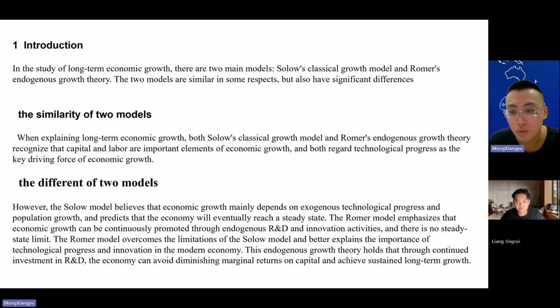The Romer model emphasizes that economic growth can be continuously promoted through endogenous R&D innovation activities, and there is no steady state limit. The Romer model overcomes the limitation of the Solow model and better explains the importance of technological progress and innovation in the modern economy.